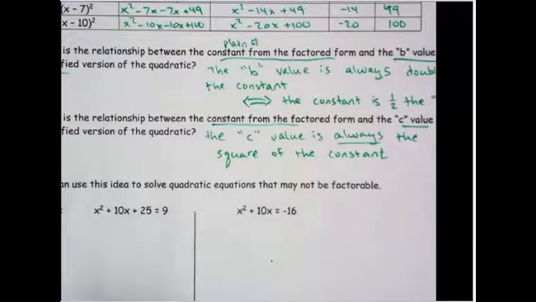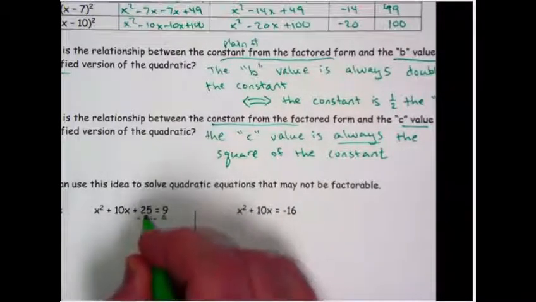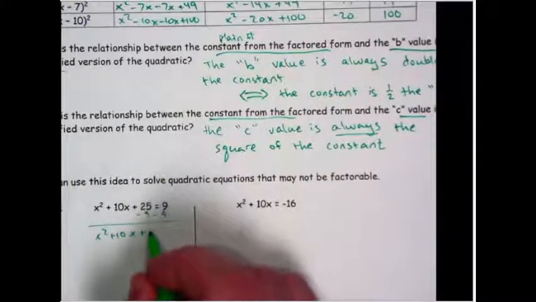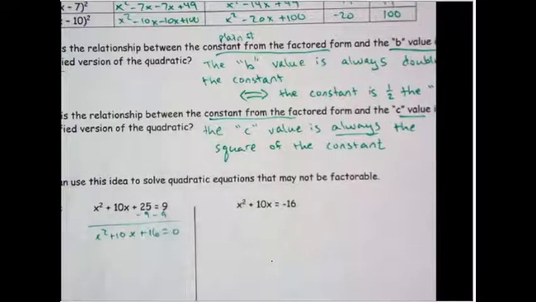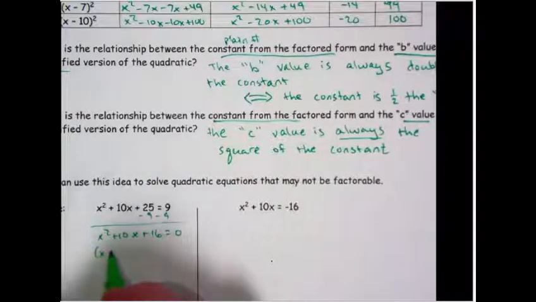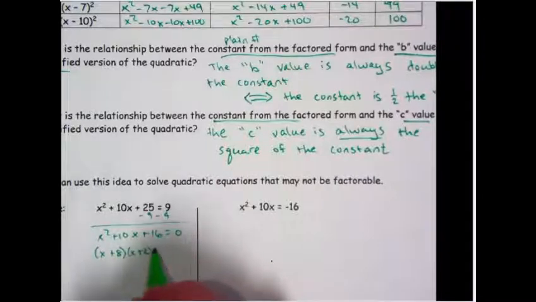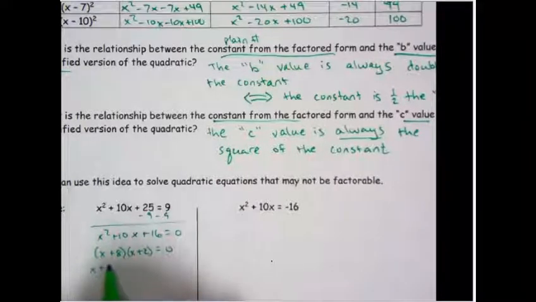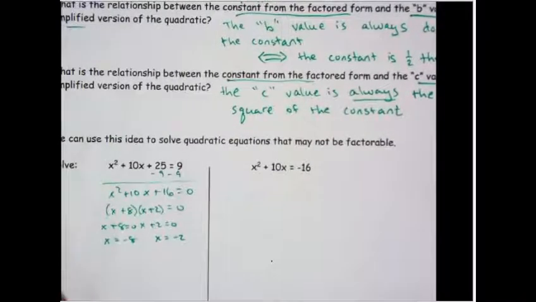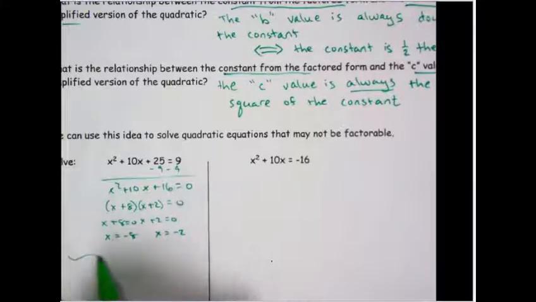Well, if I subtracted 9, then I would get x squared plus 10x plus 16 equals 0. I would think of numbers that multiply to 16 and add to 10, which would be 8 and 2. So I get x plus 8 times x plus 2 equals 0. Set both of these things equal to 0 and solve so that x is negative 8 and x is negative 2. Okay, so we can do this by factoring, but I do want to show you another strategy.